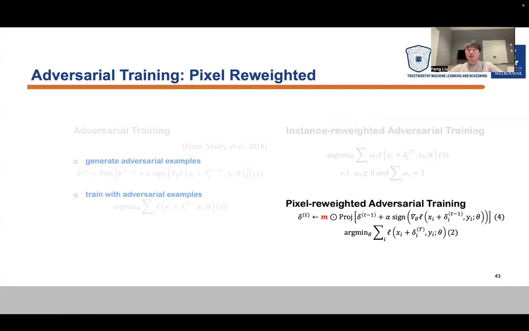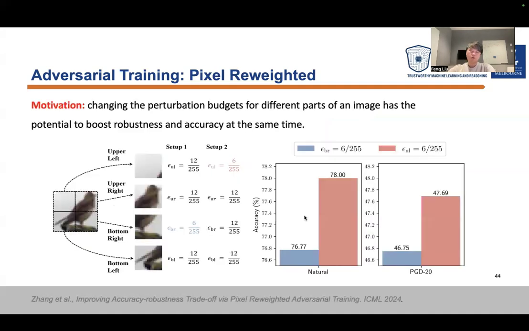The last one is called pixel-weighted adversarial training. This is a very recent work, ICML 2024. In this work, we found that if we change the perturbation budget in different regions, the adversarial robustness and natural accuracy will change a lot.